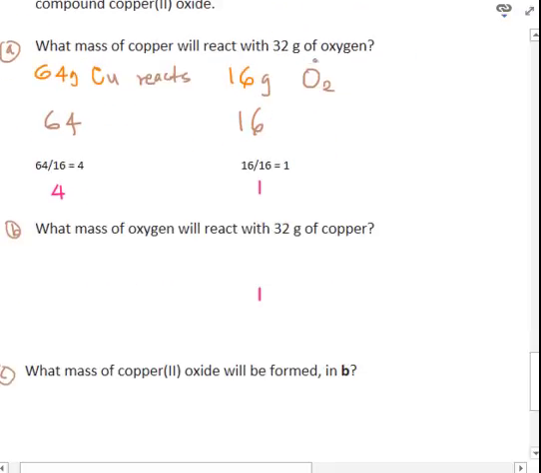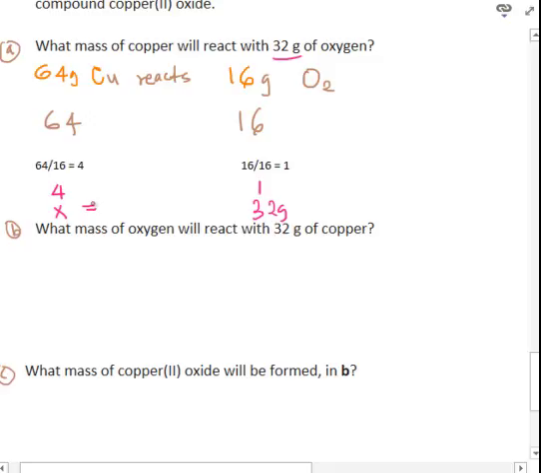So if it is 32 grams of oxygen, how many grams of copper is it going to react with? We just put 32 on the oxygen here, 32 grams. They react in ratio 4:1, 4 of copper to 1 of oxygen. So if it is now 32 of oxygen, what will it be for copper?